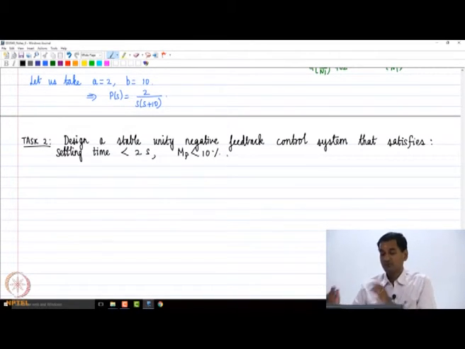Okay. So, the task for us is to design not only a stable closed loop feedback system, but also one that will satisfy these performance requirements, right, of settling time less than 2 seconds and peak overshoot less than 10%. Okay.